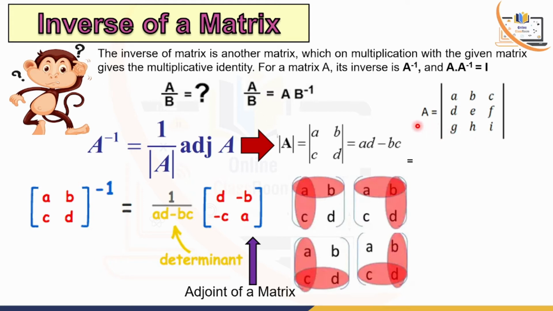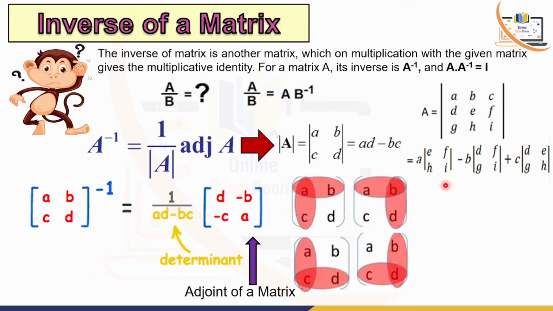Now how will we calculate it? If I consider the point A, first we discard this particular row and this particular column. So the value will be A into this particular minor portion. That is the first part.